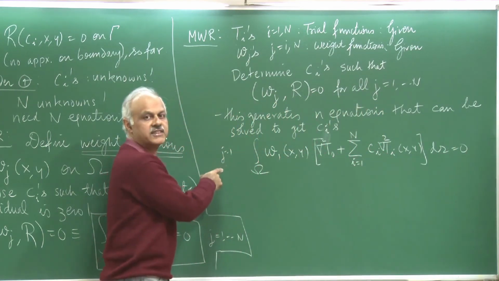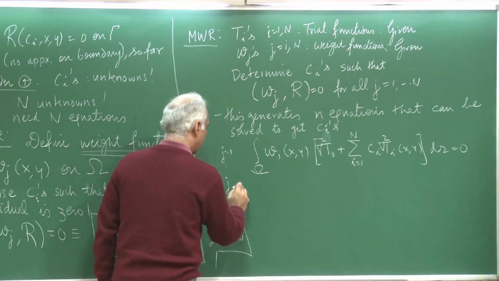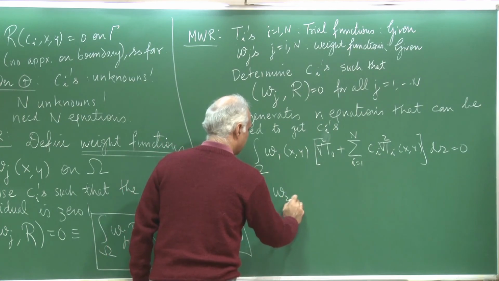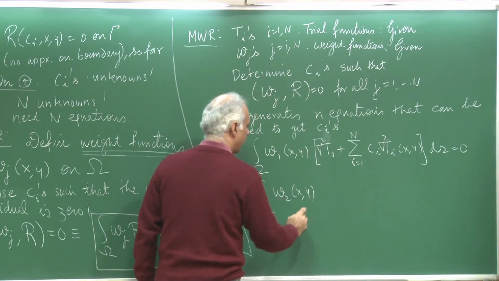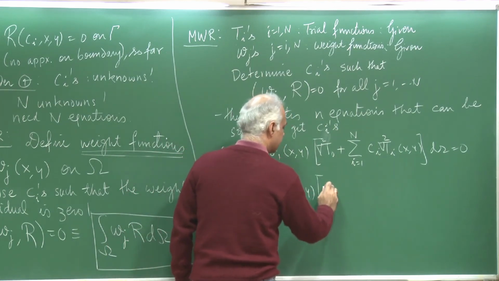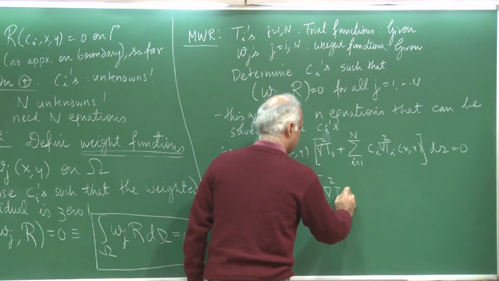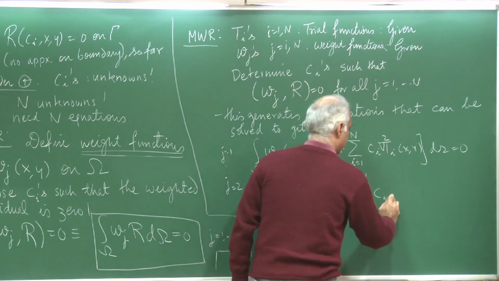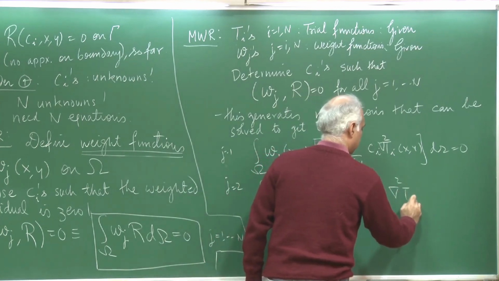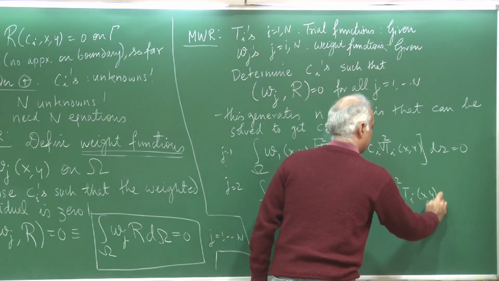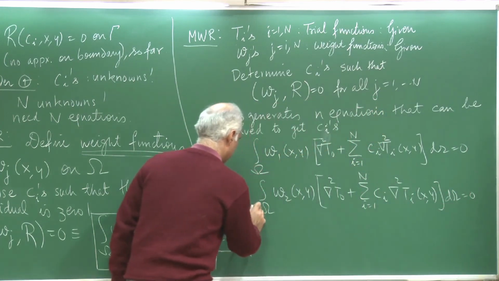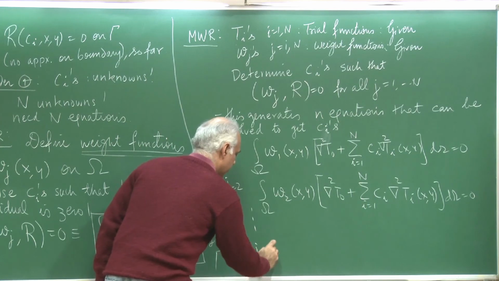So this is the first equation. I can now generate the second equation, which is I now choose W2, which is a function of x, y, and again the residual, and so on, all the way to j equal to n.